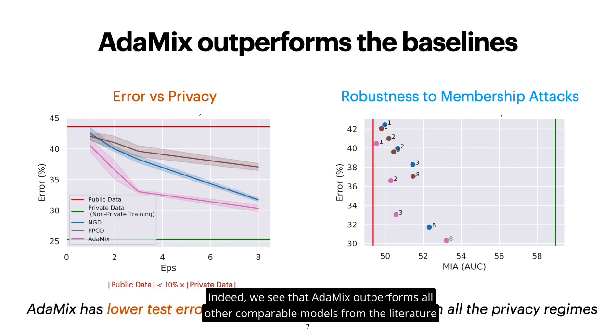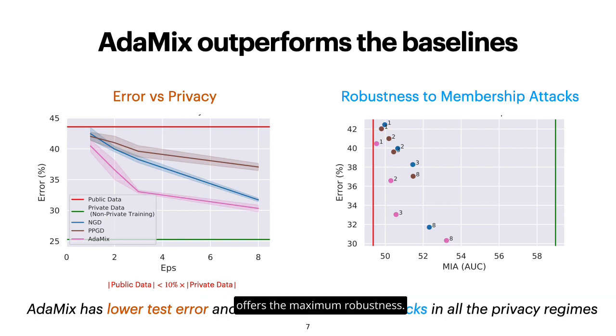Indeed, we see that ADAMX outperforms all the comparable models from the literature, for instance, noisy gradient descent (NGD) and public-private gradient descent (PPGD), and can get close to the green line while satisfying a strong privacy requirement of epsilon equal to 3. On the right-hand side, we also plot the robustness to membership inference attacks and observe that a lower epsilon, which is the number on the circle, correlates with better robustness, and ADAMX offers maximum robustness.